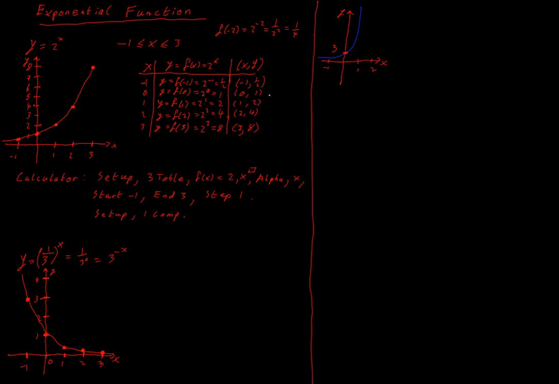Another thing that's extremely important, big asterisk we want to have here in our notes, is what's happening when x is 0. Because when x is 0, I have 2 to the power of 0. Now, any number, doesn't matter if it's 2 or a trillion, any number to the power of 0 is equal to 1. So what does this tell me about exponential functions in general?